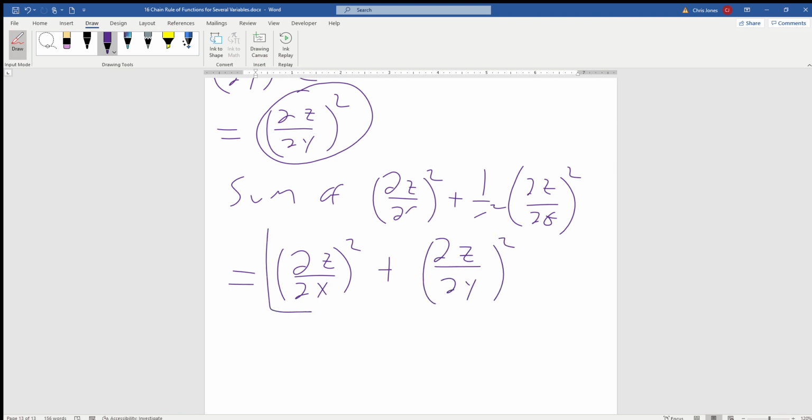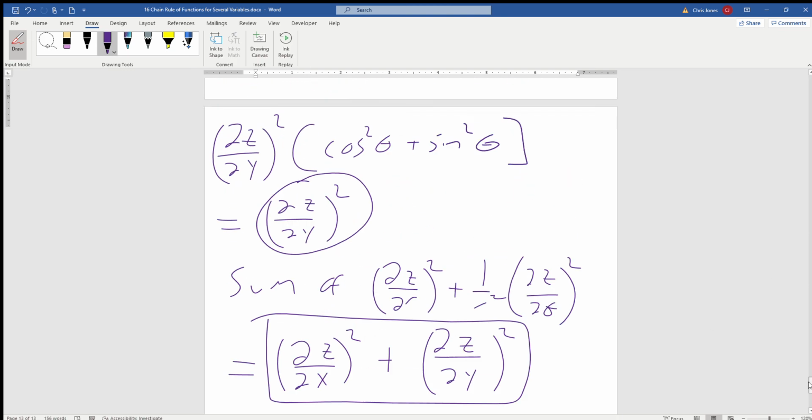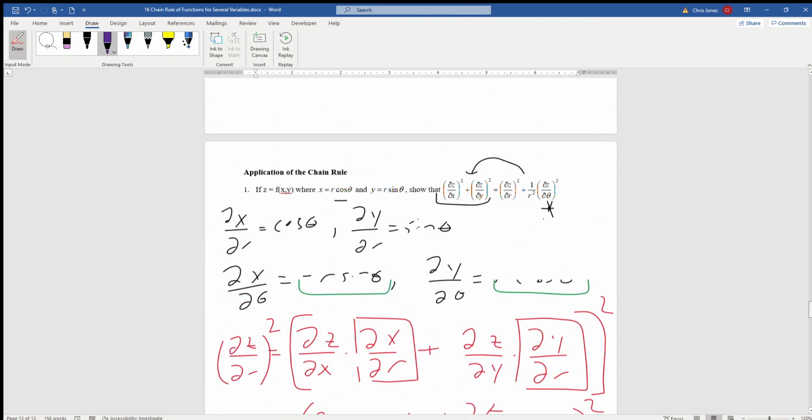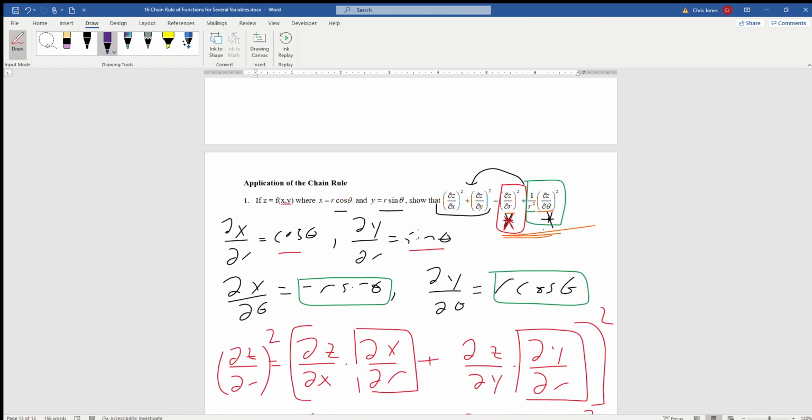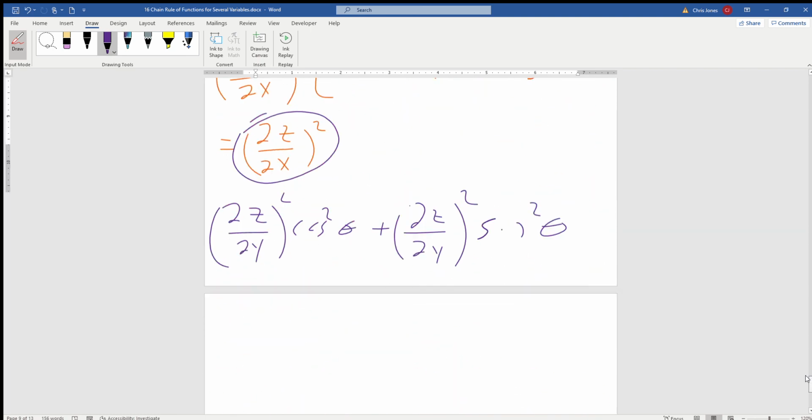All right, and let's hope that that's the identity that we wanted. So we're going to go again all the way back to the beginning. And if we go all the way back to the beginning, we wanted to show that it equals partial z partial x, partial z partial y, both squared, and the sum of those. And so it looks like that's exactly what we wanted.